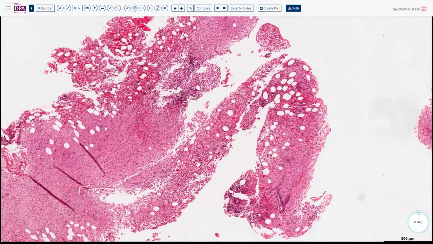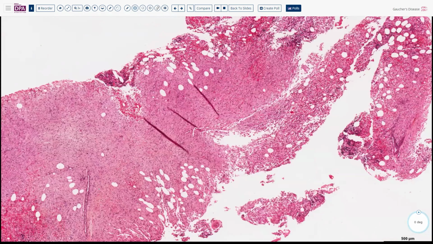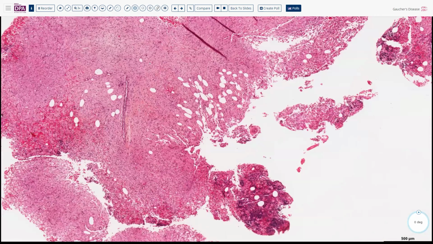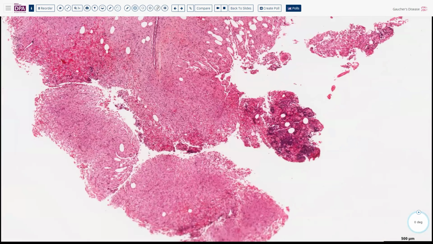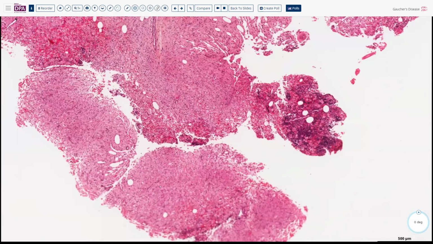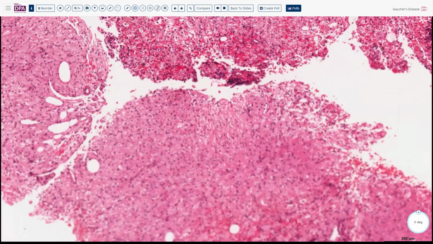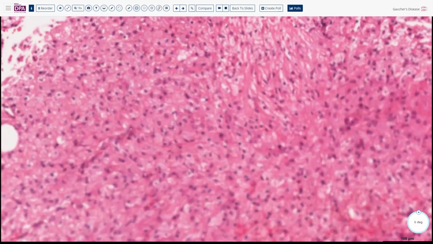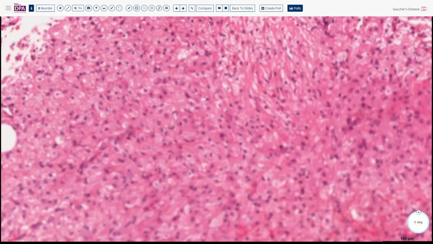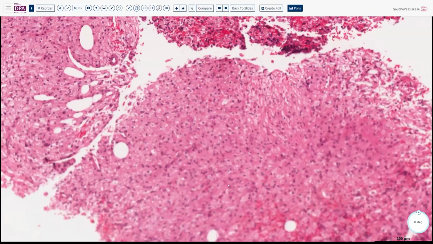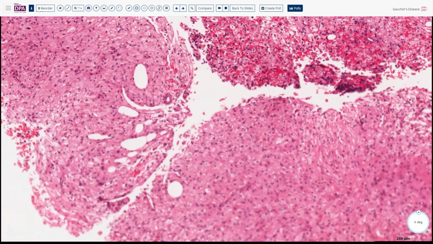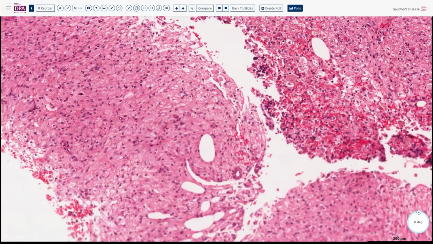What else might we consider? Well, we might consider some of the storage diseases that can also give you this type of histiocytoid process. I'm sorry, that area is not in good focus. Here's a little better area here.